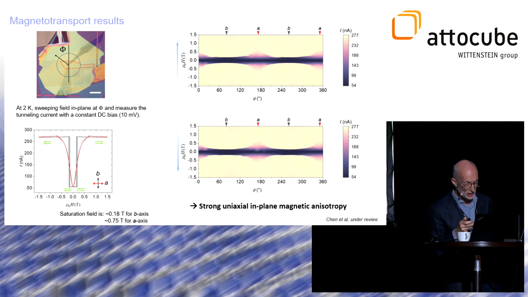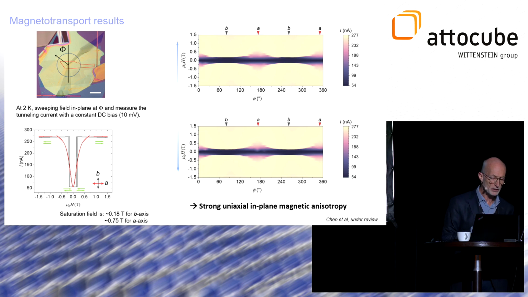This system, however, is distinct from the chromium chlorine 3 and the chromium iodine 3 case. It has an orthorhombic structure, which means that in the plane of the chromium sulfur bromine, there is an easy axis. And this easy axis means that we could flip the magnetization in this way. So first, if we just have an untwisted structure, we can measure for field going from one direction to the opposite direction.